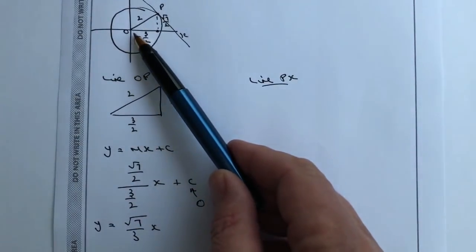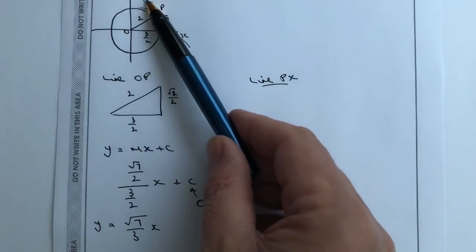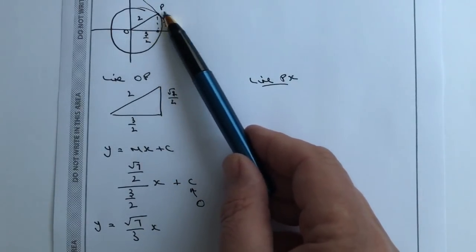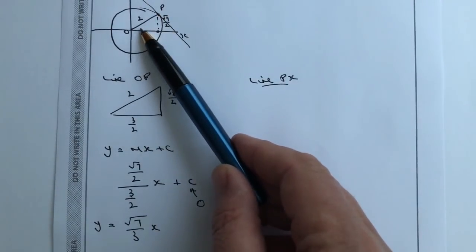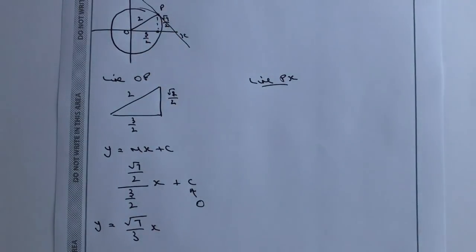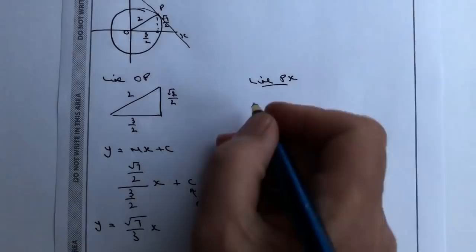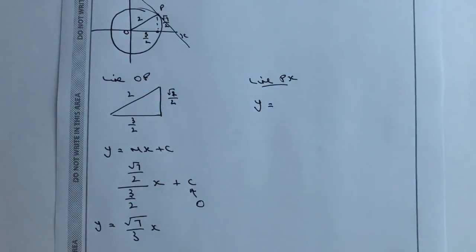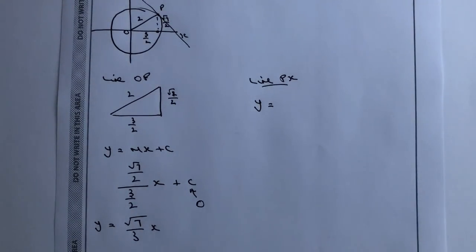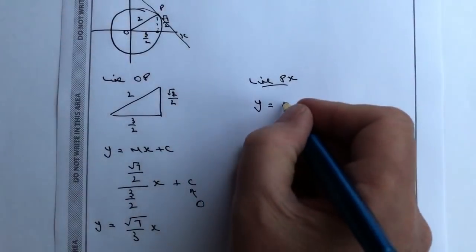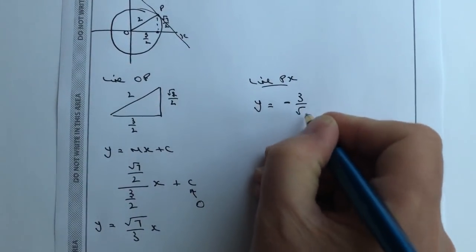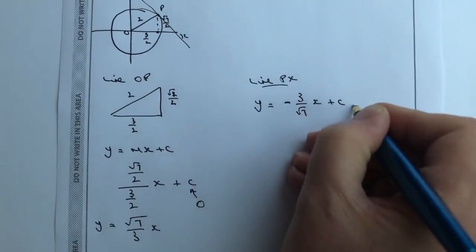So the gradient of PX is the negative reciprocal of the gradient of OP. It looks a little bit complicated, but we can write that as y equals minus 3 over root 7 x plus c.